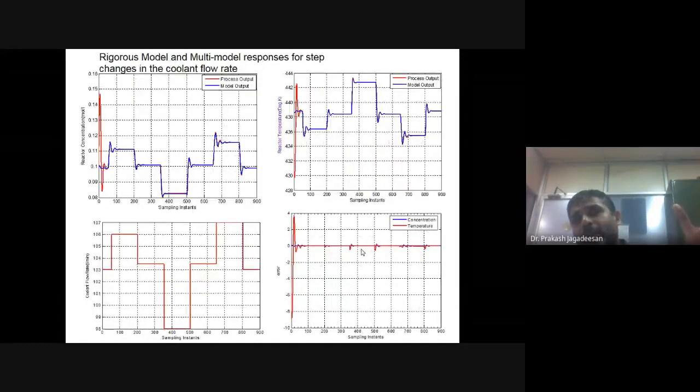But here, what we have assumed is both concentration and temperature are available. That means there is a sensor available to measure concentration, and a sensor available to measure reactor temperature. But in reality, concentration is difficult to measure online with the help of a sensor. So what is available is only reactor temperature.